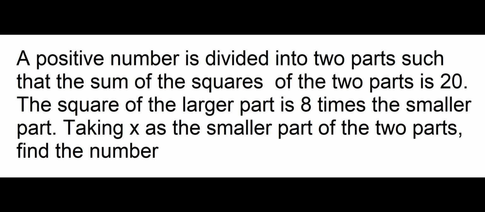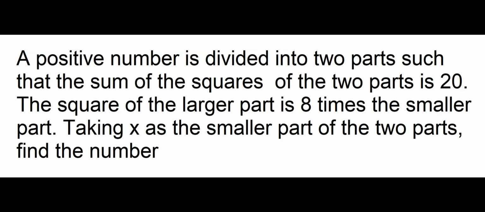A positive number is divided into two parts such that the sum of the squares of the two parts is 20. The square of the larger part is 8 times the smaller part. Taking x as the smaller part of the two parts, find the number.